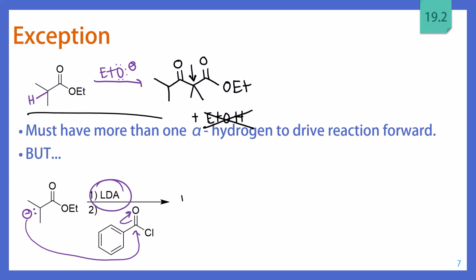Now what that's going to do is give us a beta-keto ester, and we wouldn't have to worry about a driving force because LDA already did all the hard work of creating an enolate and pushing the equilibrium in the direction of the enolate. So our driving force becomes using up this much more reactive molecule to create the beta-keto ester.